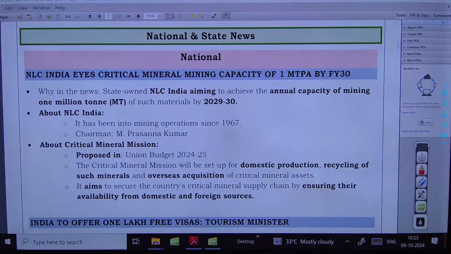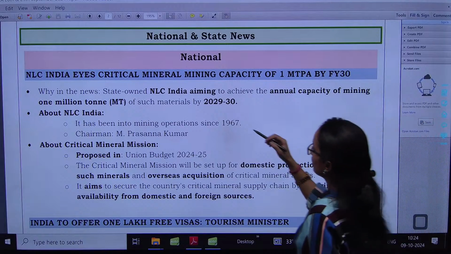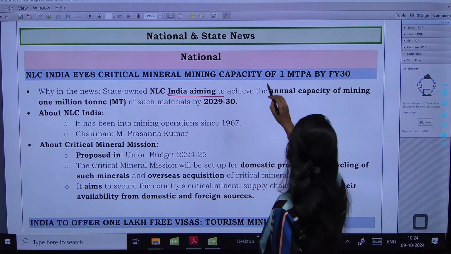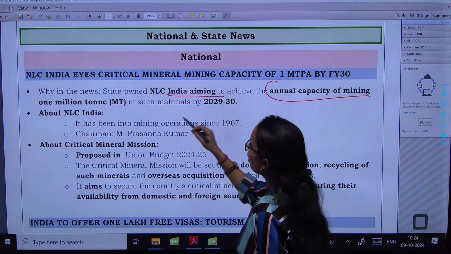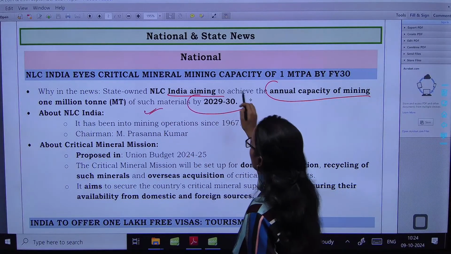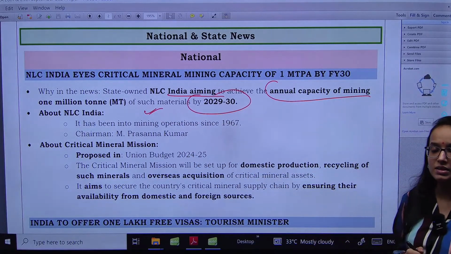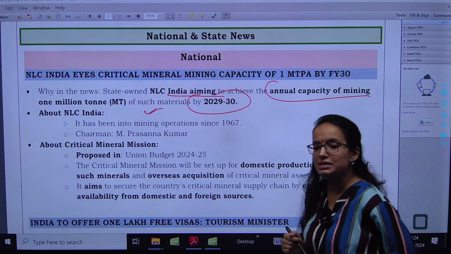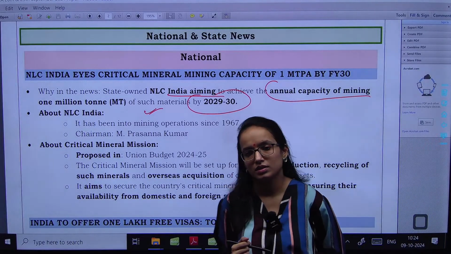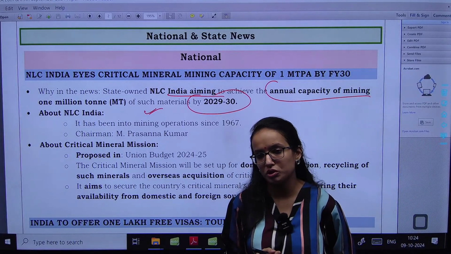In the national news, the first news we have is NLC India. NLC India is aiming to achieve the annual capacity of mining 1 million ton of critical minerals by 2029-30. So NLC India is basically the Neyveli Lignite Corporation.